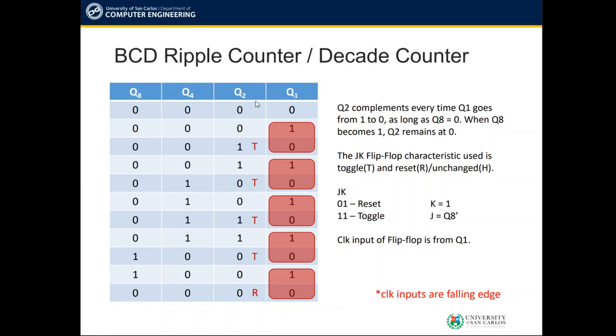And then once we observe Q2, the flip-flop that is based on Q2 here, Q2 complements every time Q1 goes from high to low. So I highlighted the scenario where it is high to low.